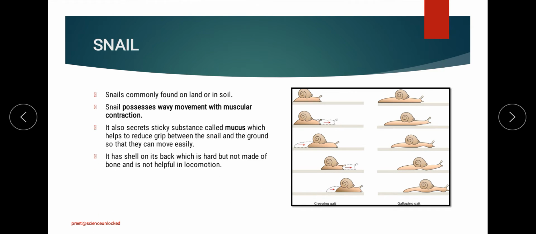The overall movement is considered crawling, because the organism is trying to glide over the surface. So that is the unique aspect of snails.